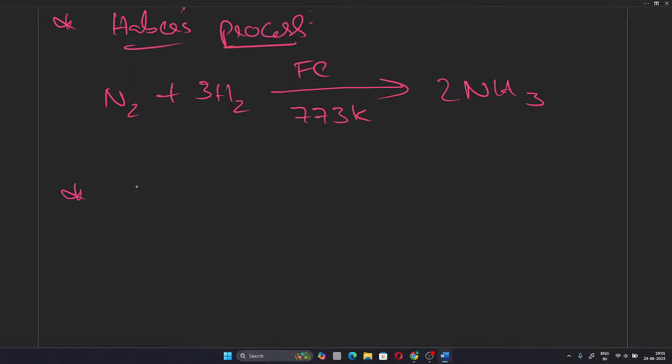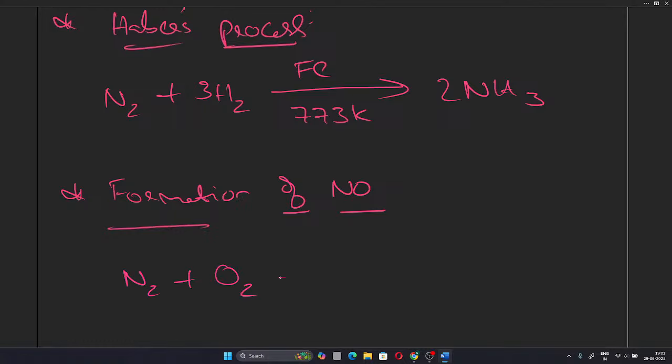Next, for formation of NO, N2 plus O2 at 2000 Kelvin, a very high temperature, will react to give 2NO.